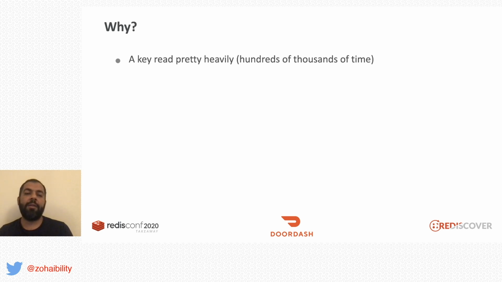This could be something that's read pretty heavily, like thousands of times, or maybe hundreds of thousands of times a second. So what's happening is that one of your Redis nodes is running really hot, and the rest of them are just slacking.